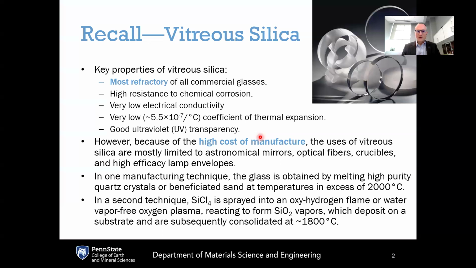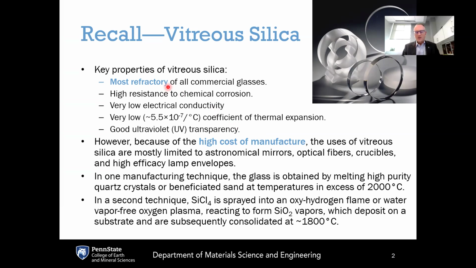We are going to start with pure silica. This is variously known as silica glass, vitreous silica, glassy silica. This is pure SiO2, and this is known as being the most refractory of all commercial glasses, meaning that it can withstand the highest temperatures.